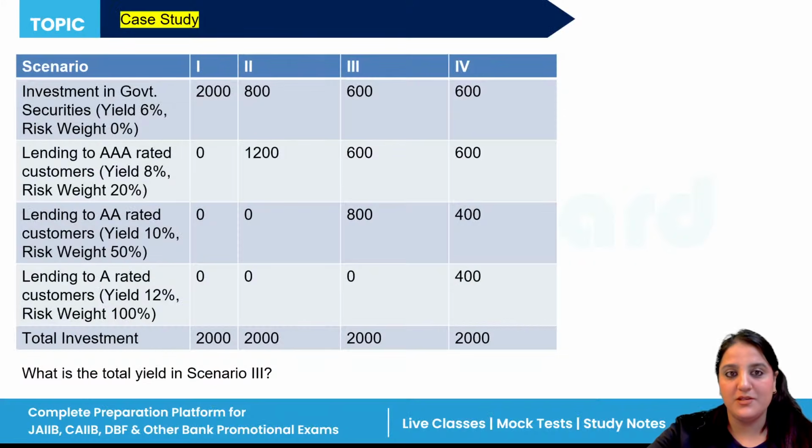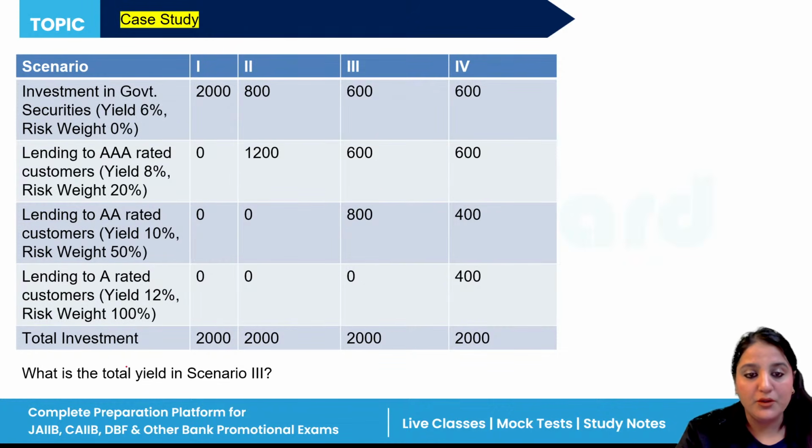So the first question is a case study, where four scenarios are given: first, second, third, and fourth. They are asking what is the total yield in scenario third.